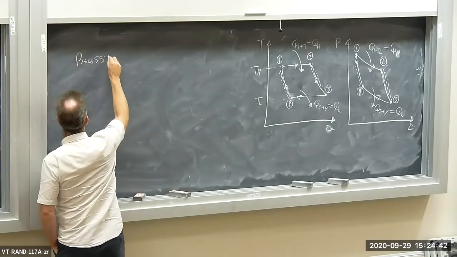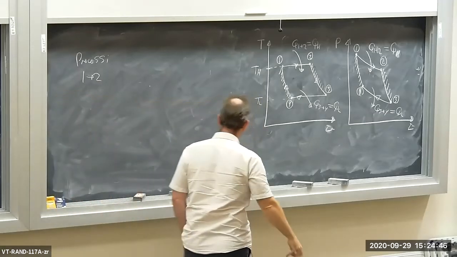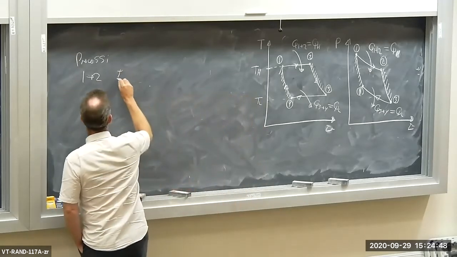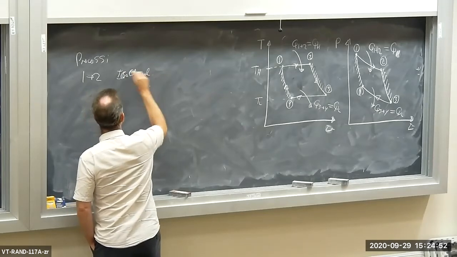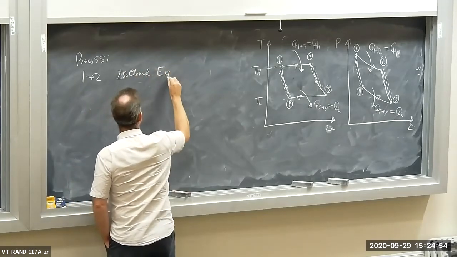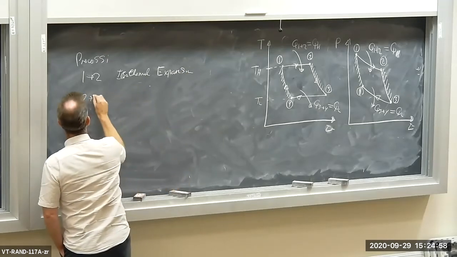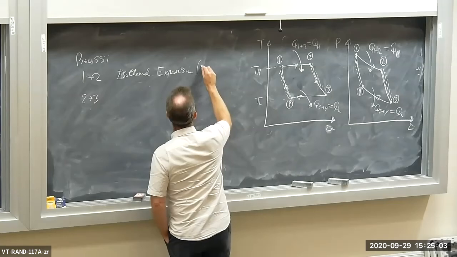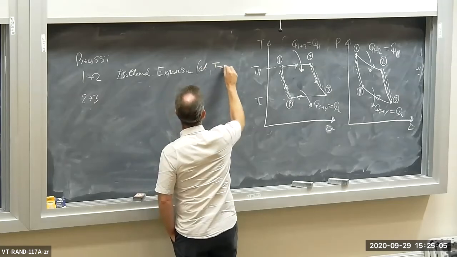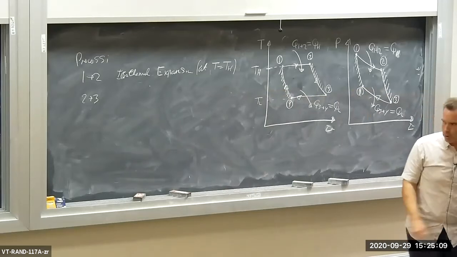Process 1 to 2, isothermal expansion. And I'm going to write in parentheses here, at T equals T high. T high is the high temperature reservoir temperature.